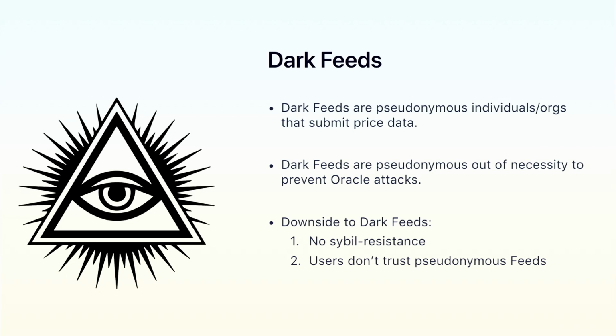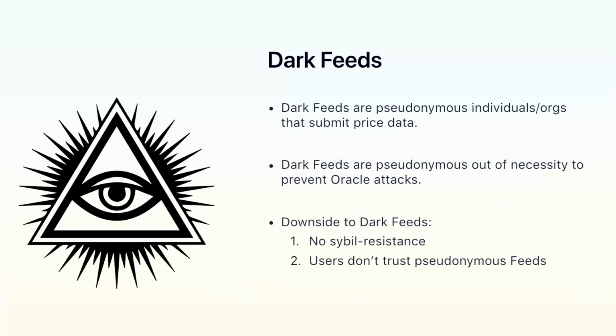So when we talk about feeds, we really have to talk about two different types of actors, and they both have very different types of properties. We have this concept of a dark feed, and dark feeds are supposed to be pseudonymous individuals and organizations that submit price data. So you're not supposed to know who they are, what country they're based out of, what their name is, or if they work for some company.